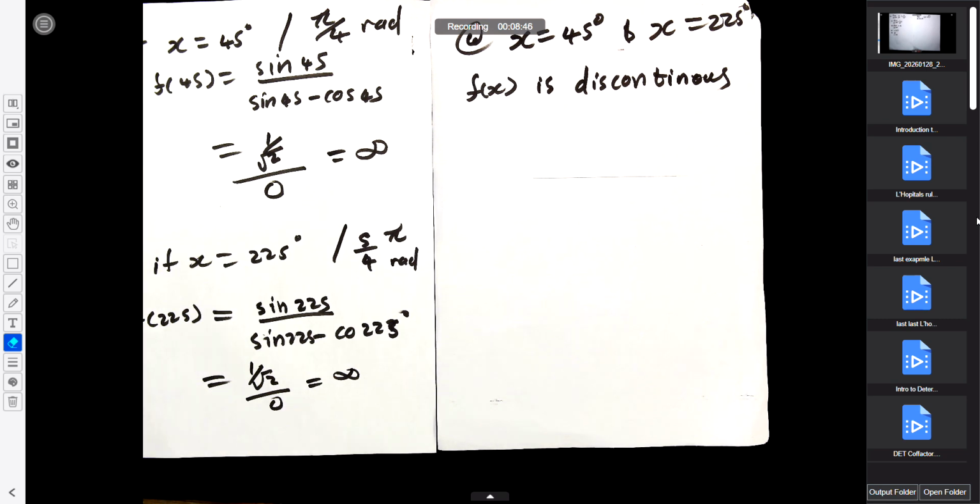So that's how we prove the discontinuity of a function, whether the function is discontinuous or continuous.